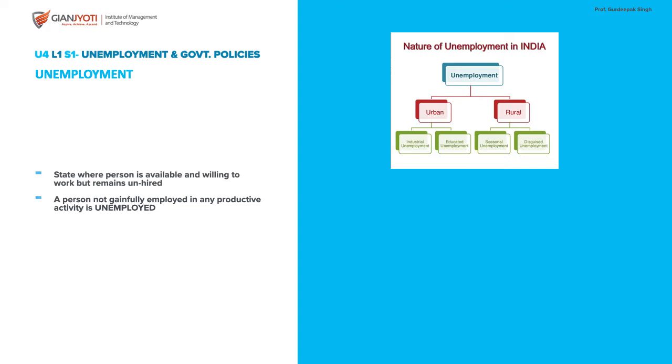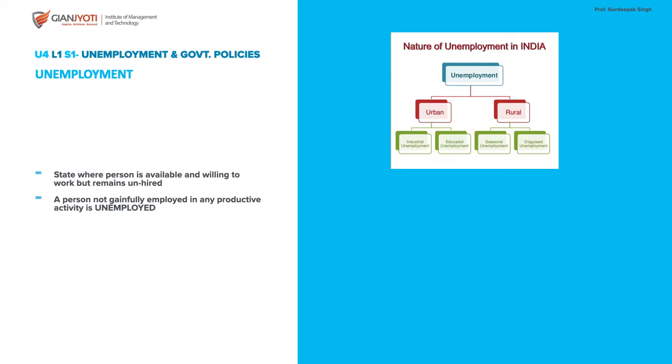What is unemployment? Unemployment is the state where a person is available and is willing to work, but he or she remains unhired. That means a person who is not gainfully employed in any productive activity to contribute towards the GDP of the country is unemployed.